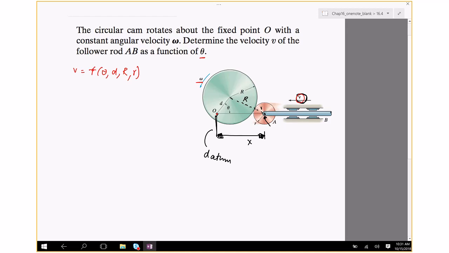This length is small r. So I know two sides of the triangle. I know d, I know R plus r, as you can see on the right side, and I know theta.